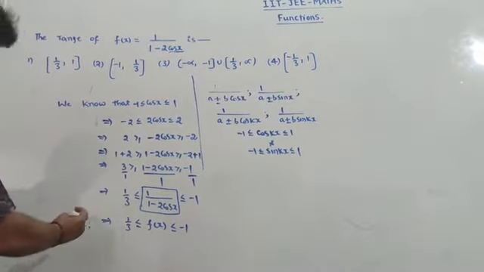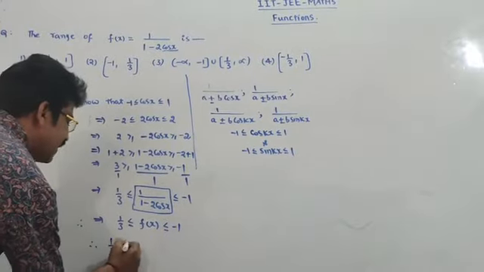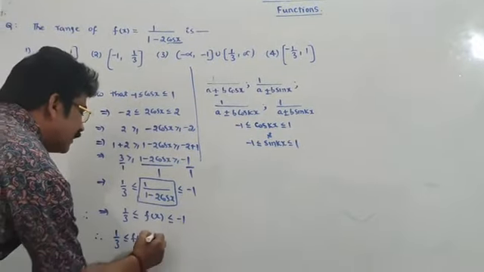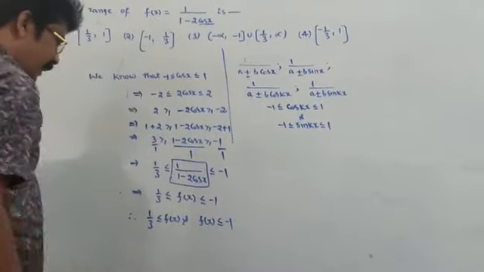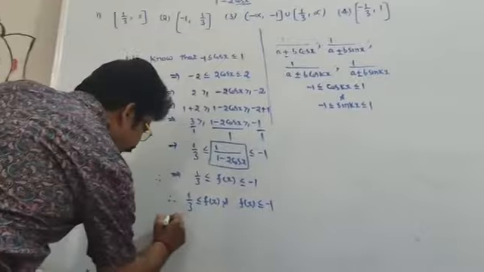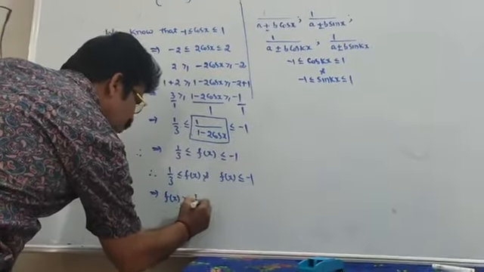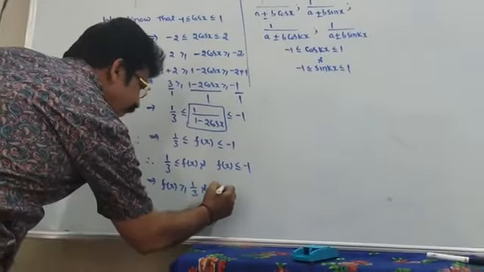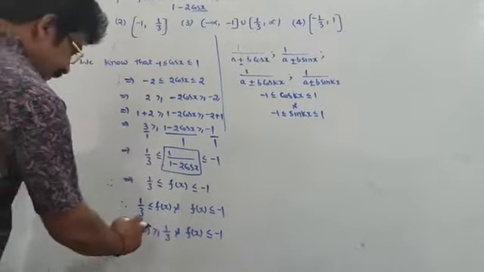Now open that inequality. Therefore f of x is greater than or equal to 1 by 3, and f of x is less than or equal to -1.